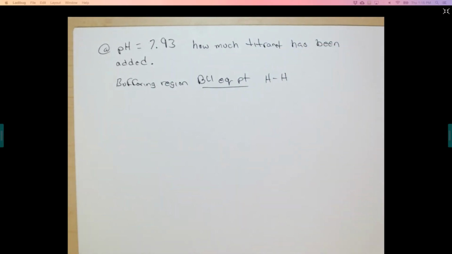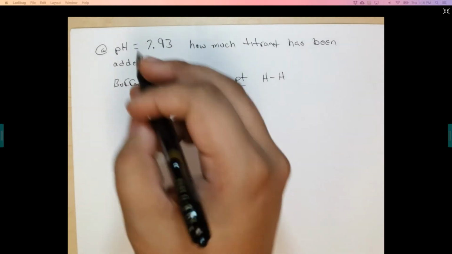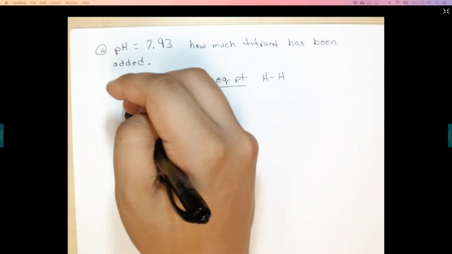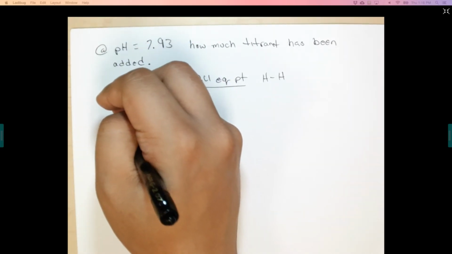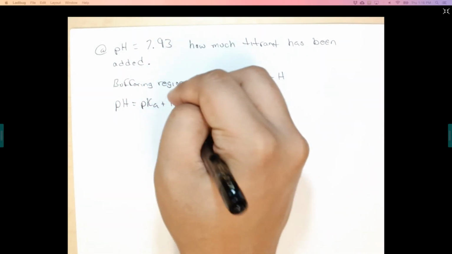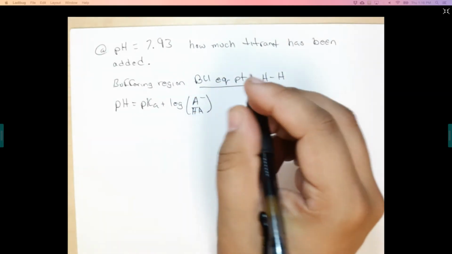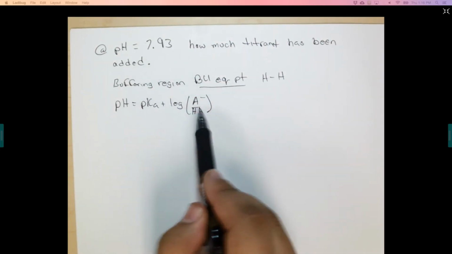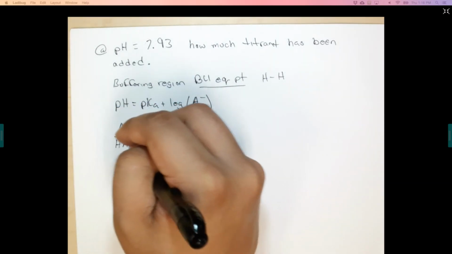Using Henderson-Hasselbalch will allow us to determine the total number of hydronium. So if we take a look and understand the equation, we have pH equals pK plus log of A minus over HA. And we know pK, we know now pH. Now we can just solve for A over HA.